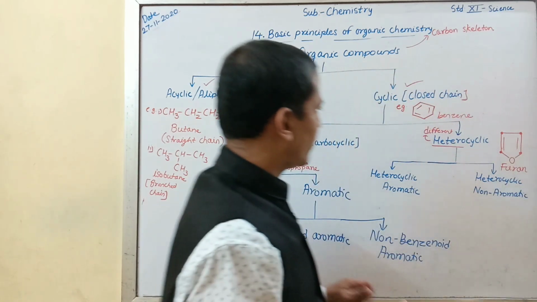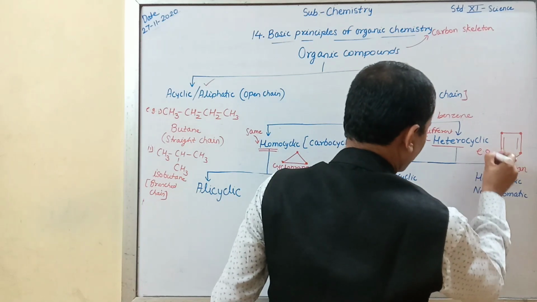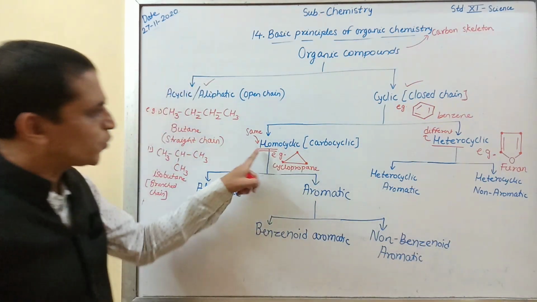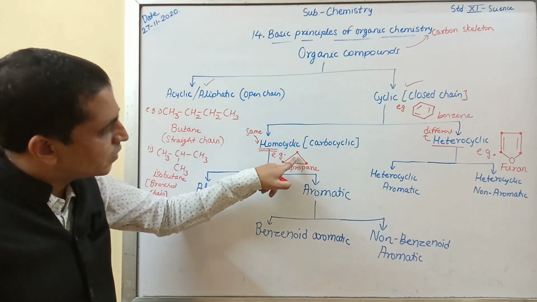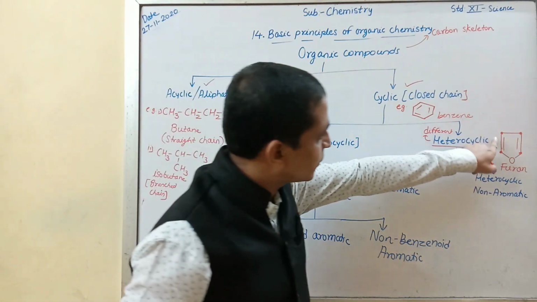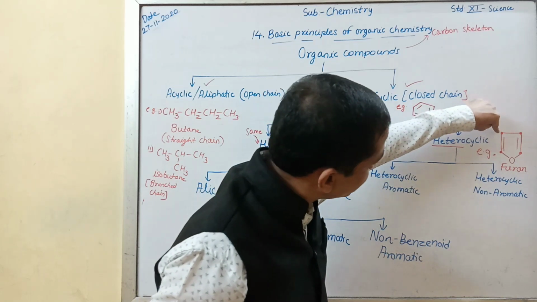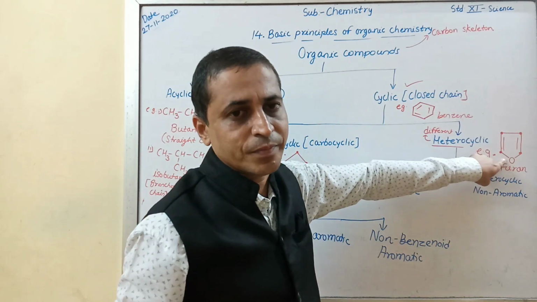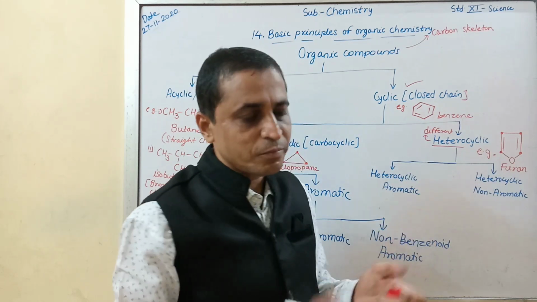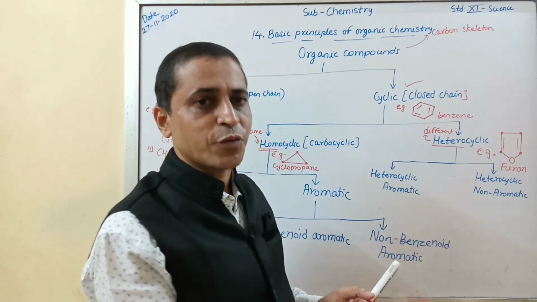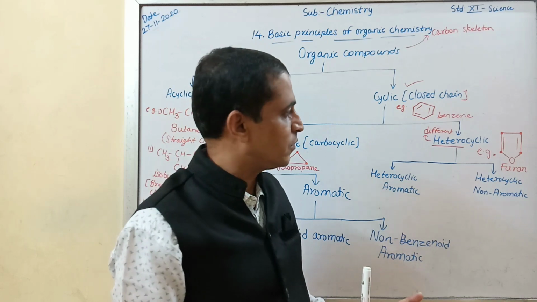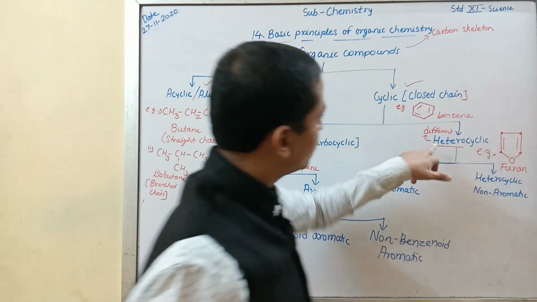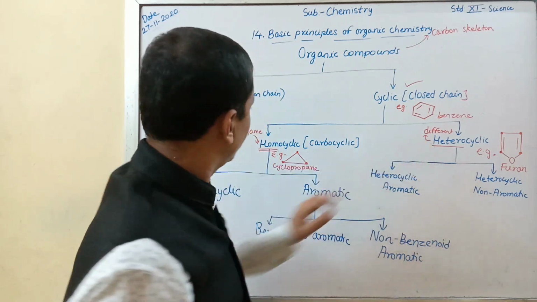It is a heterocyclic compound. See, it contains a ring with 4 carbon atoms and 1 heteroatom, that is oxygen. This heteroatom may be oxygen, nitrogen or sulfur, but not hydrogen. Okay, so these are heterocyclic compounds.